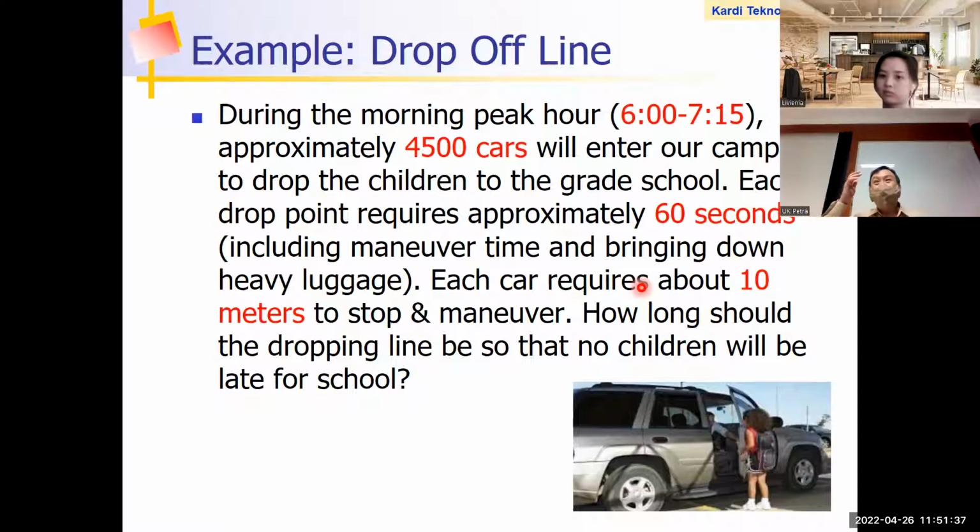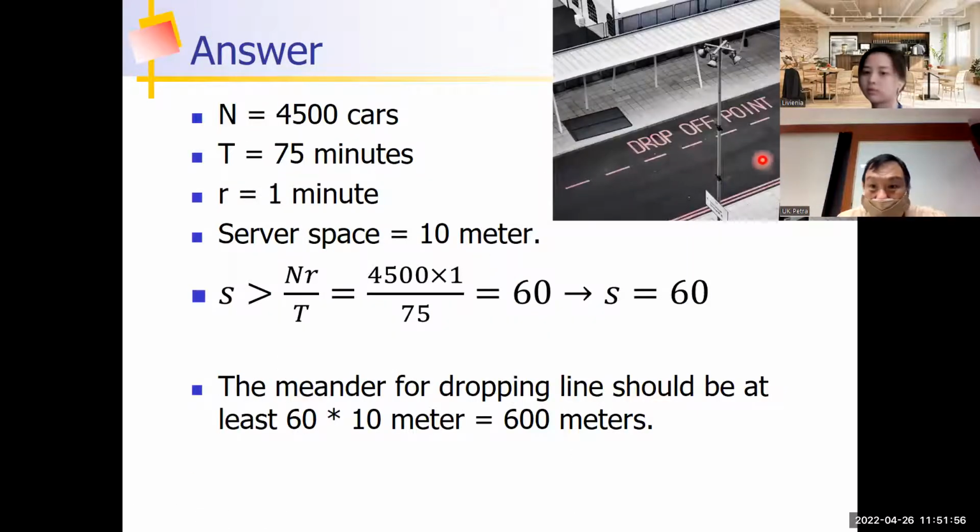So people don't realize that the server is not necessarily human, you know. Just a line, just the dropping line, that is a server for taxi, for car, okay? So you create a meander, okay? So dropping off, yeah, it is exactly like this. So dropping off points like this, okay? They drop in here.